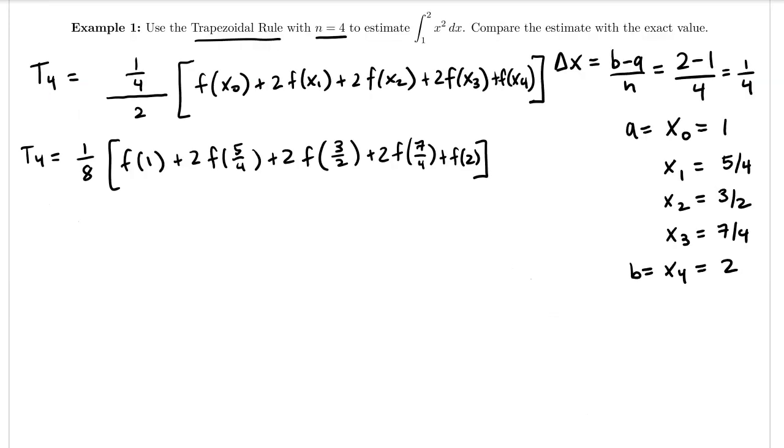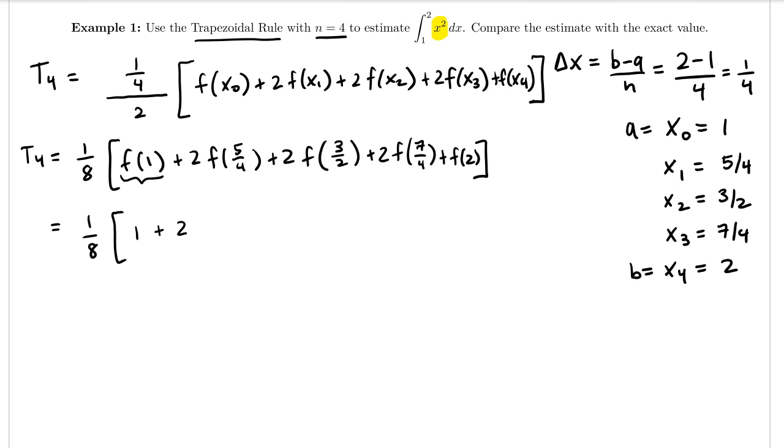Okay, so I've gone ahead and replaced the x values. Now we want to plug these into our function. Remember, our function in this case is f of x equals x squared. If I plug 1 into my function, 1 squared is just 1.